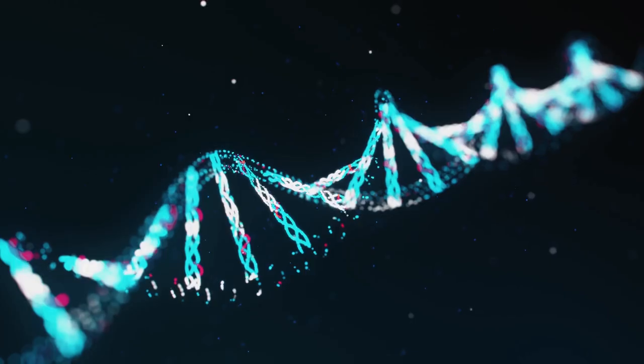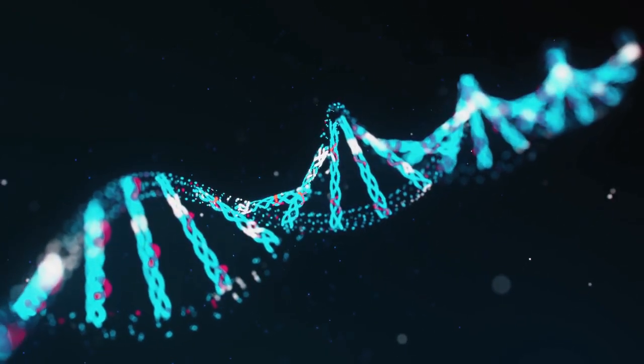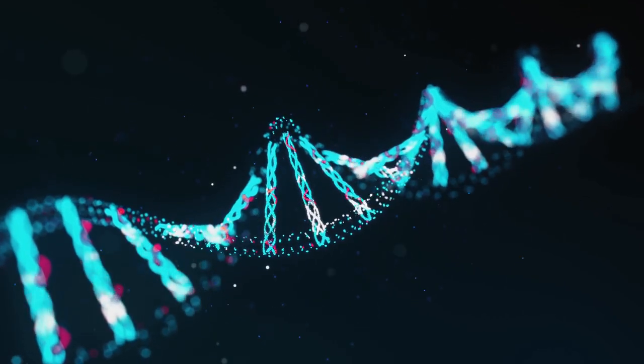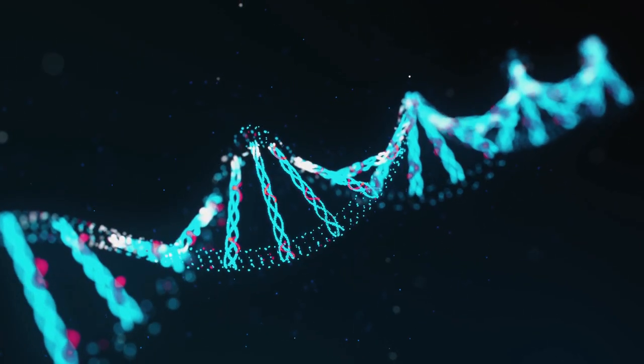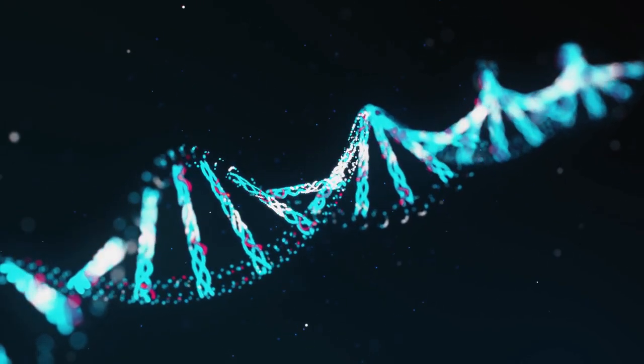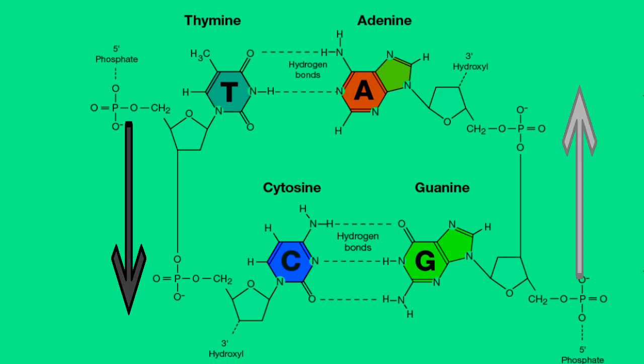This maintains a uniform distance between strands. Key features of the DNA double helix: 2 strands with sugar phosphate backbone, anti-parallel orientation, 1 strand having 5' to 3', while the other having 3' to 5'.